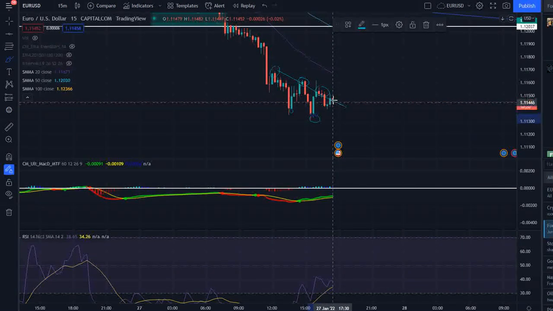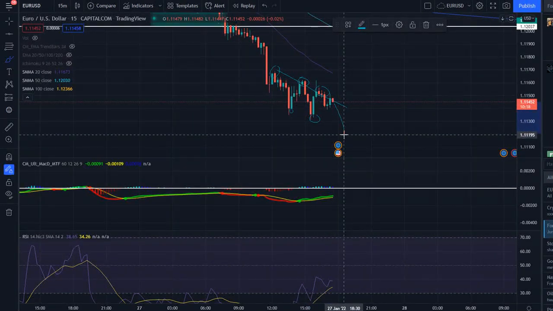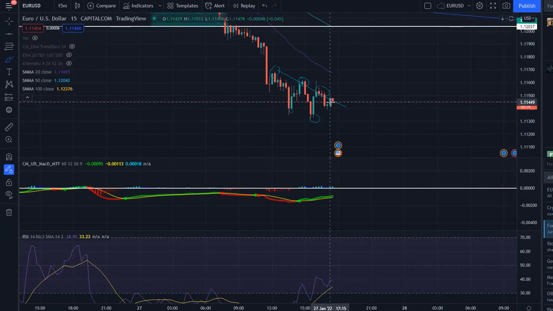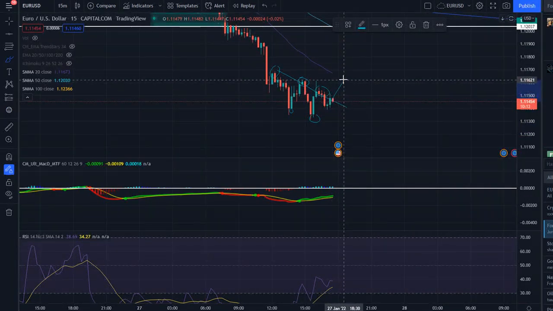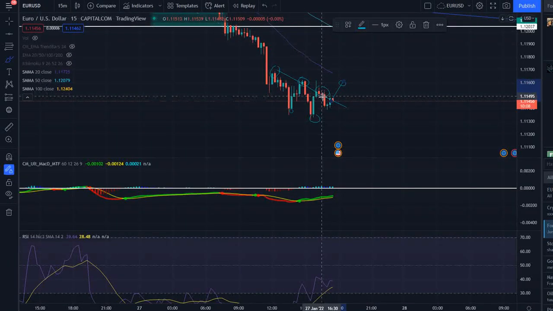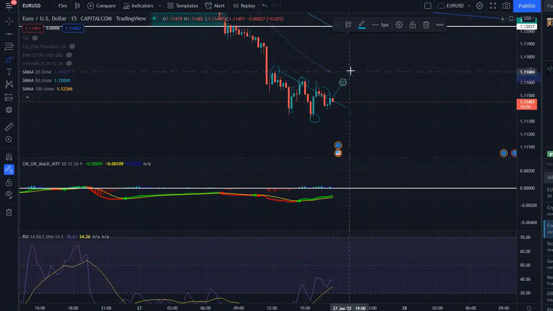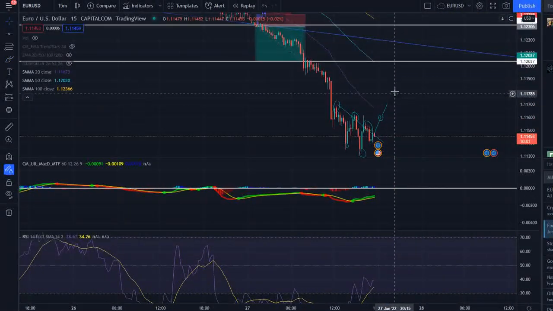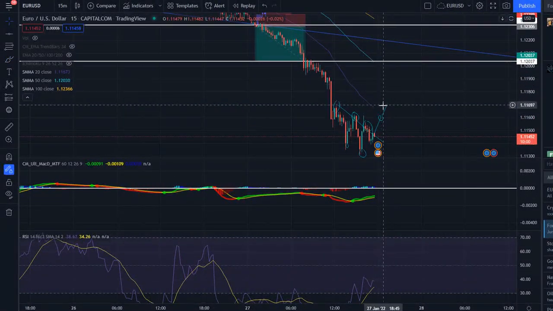Now what we expect to happen is we expect a lower low as well. However, if price goes above this point, as you can see, it went back down and got rejected. Okay, and if price jumps here, then we can expect it to go to this level here. Well, let me just delete this.